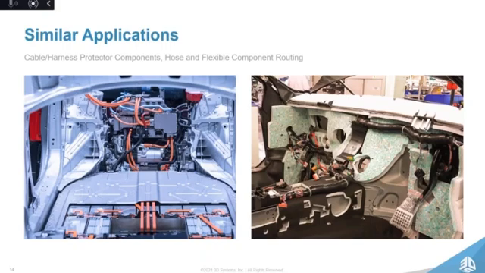As we move towards new powertrains, hybrids, electric vehicles, then we're seeing that the requirement for retainers of harnesses, hoses, and other flexible components is continuing to grow. And we think that additive manufacturing solutions, and particularly with the advent of some of the new materials that 3D Systems is developing for Figure 4 and other volume production additive manufacturing, is really suited very well to these kinds of applications.